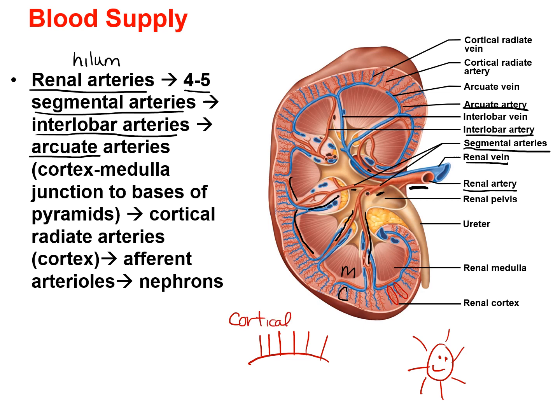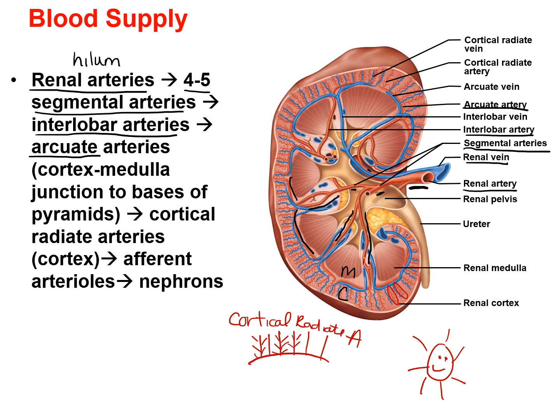So they're cortical because they're in the cortex. They are radiate because they're like the radiating rays of the sun that you used to draw, and then they're arteries. What's neat about the cortical radiate arteries is if you look close, you have these little arteries branching off of all sides of your cortical radiate arteries.